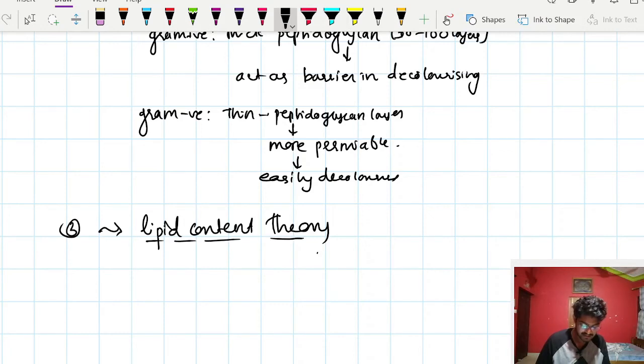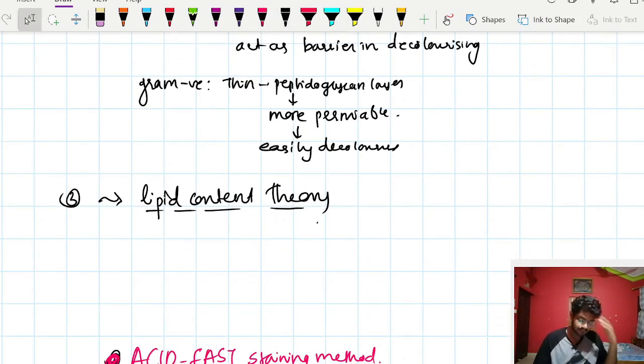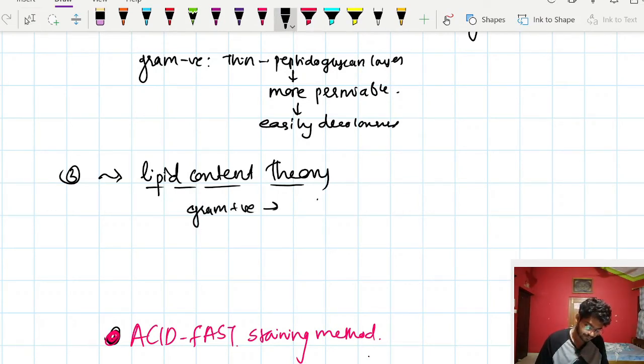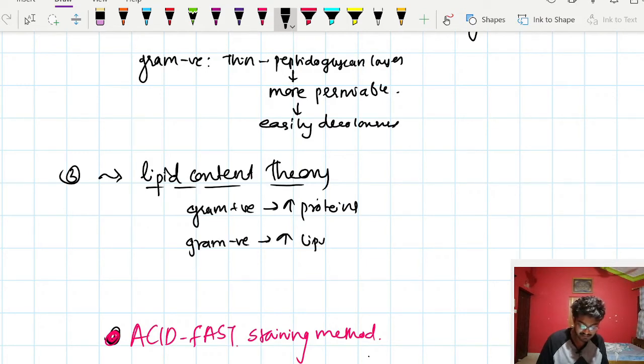What happens in the lipid content theory is that gram positive bacteria have more proteins in the cell wall, because they have more peptidoglycan, more proteins, whereas gram negative bacteria have more lipids. Increased lipids are present in gram negative bacteria. So when we add a decolorizing agent, that is alcohol or acetone, there is no dissociation of protein.